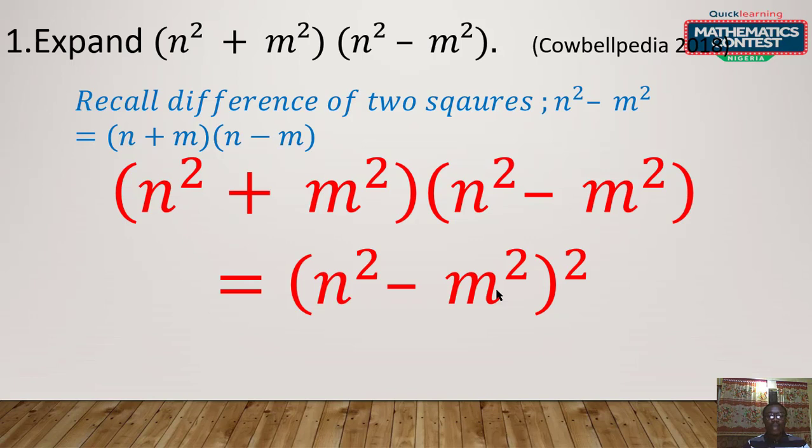I'll have 2n square m square. So the answer to this question will be n square. Now if you have a minus sign here, what you're going to do, put minus. I have n square minus 2n square m square, then plus m raised to power 4.